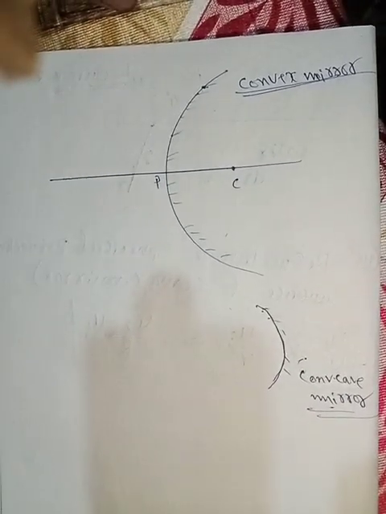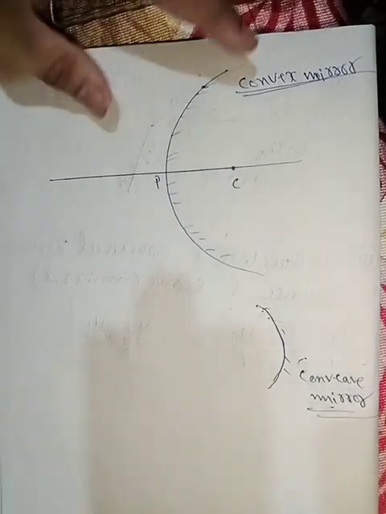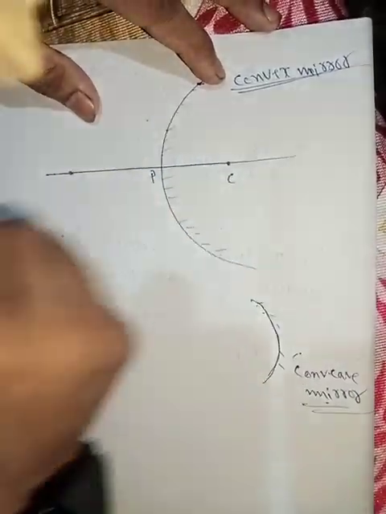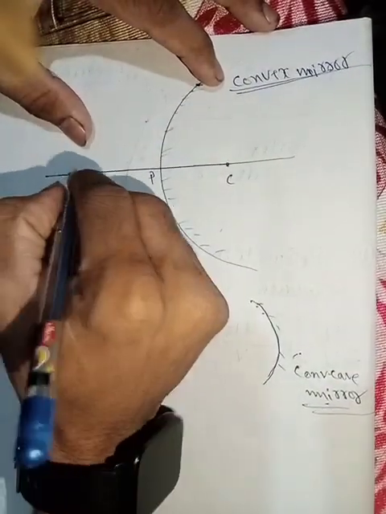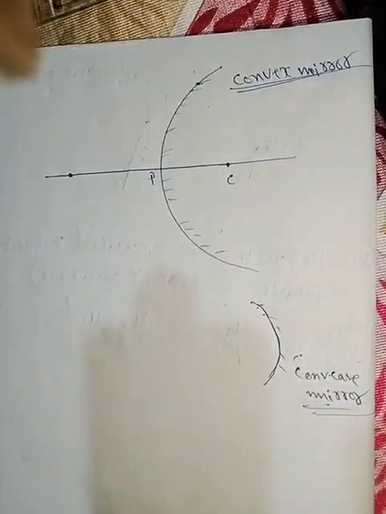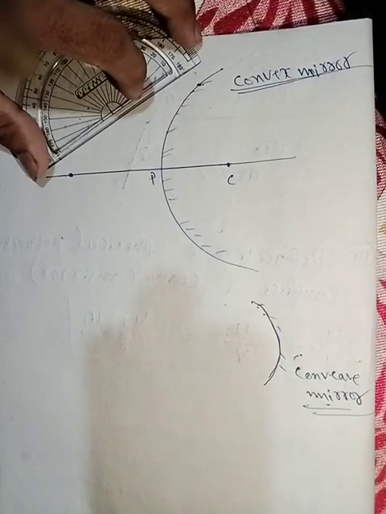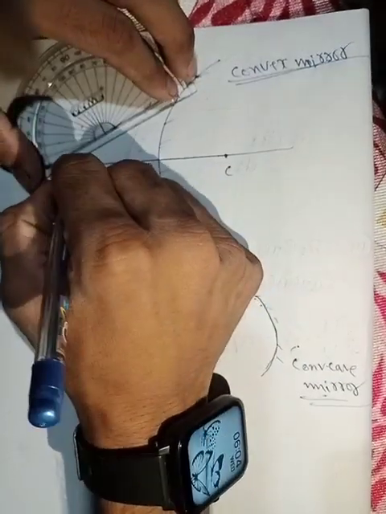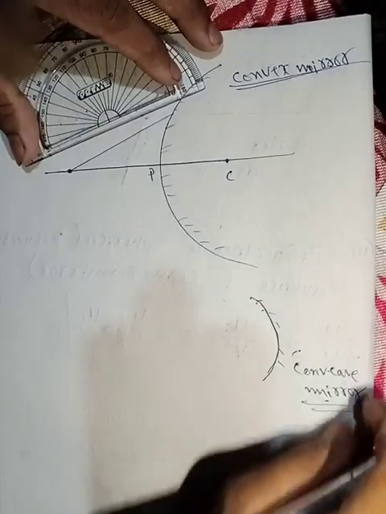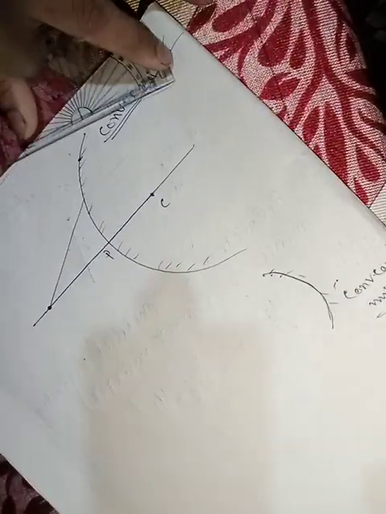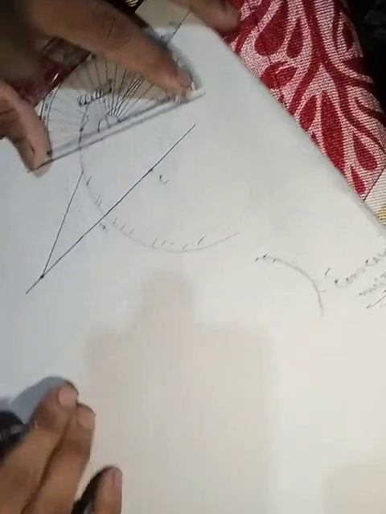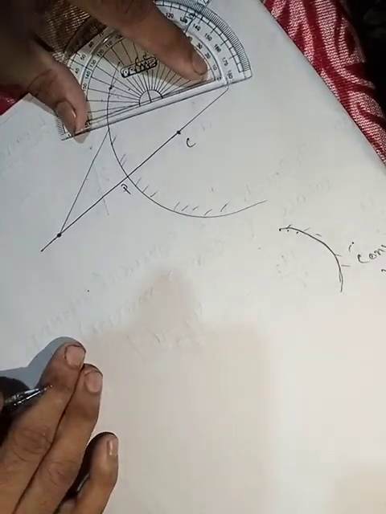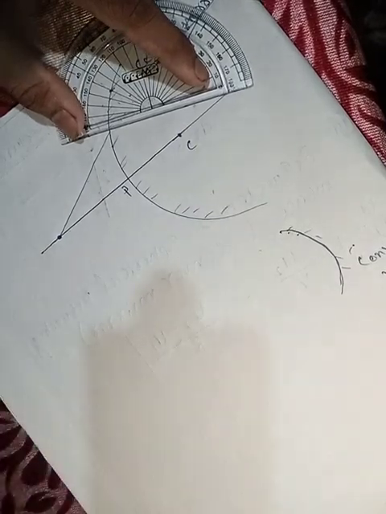So my dear friends, let's say this is your object. You must consider this object as a point source. When light rays come from the object and are incident on the convex mirror, after reflecting back, they will bend towards the normal.